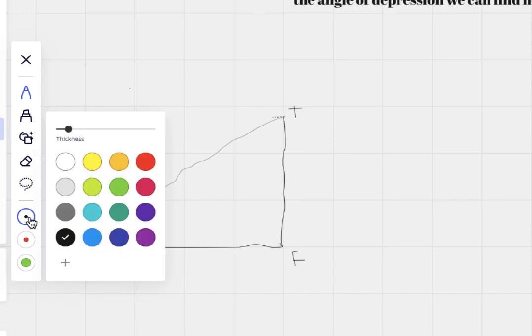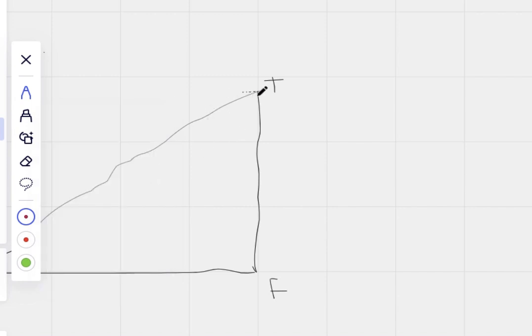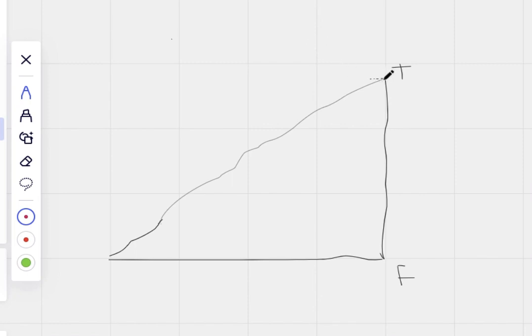Let's change the color here. There's a line of sight which will help you depict your angle of depression. So the angle of depression is here, 35 degrees, based on the information given in the question.